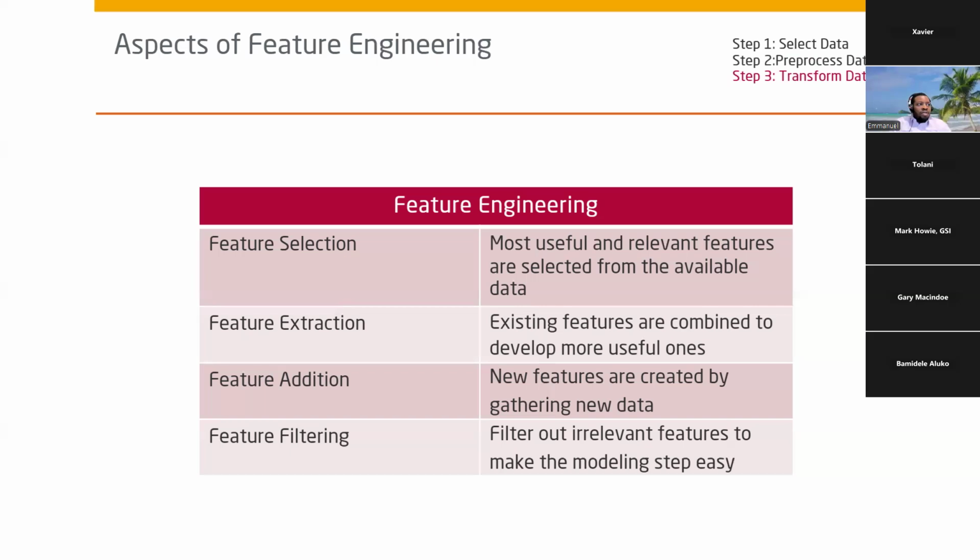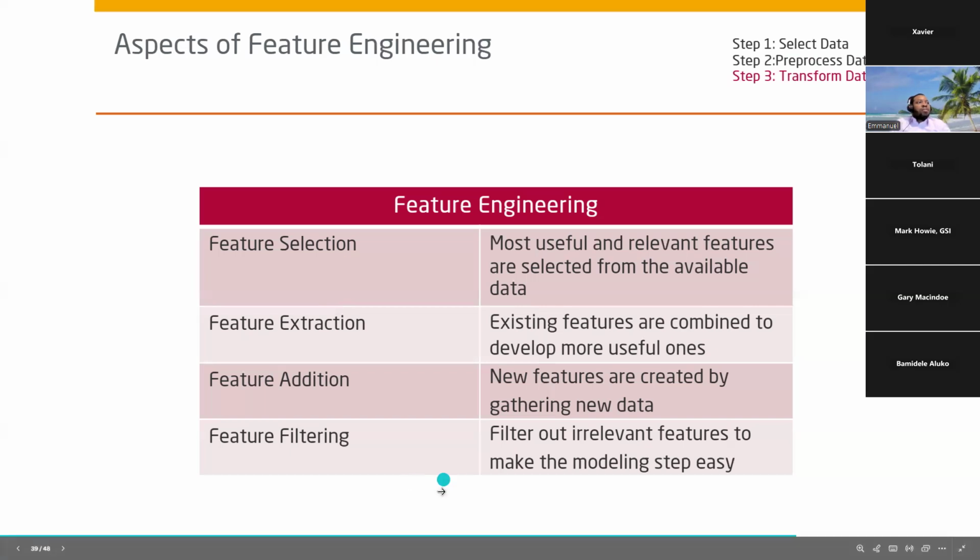And then feature filtering, where you filter out irrelevant features to make the modeling step easier. I've not practiced feature filtering. If you have practiced it, feel free to talk about it or please share in the chat. That would be great.